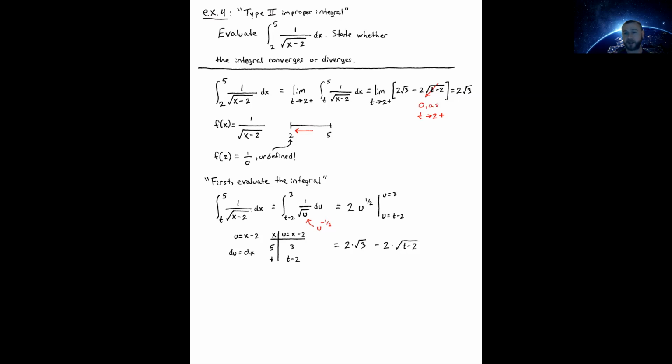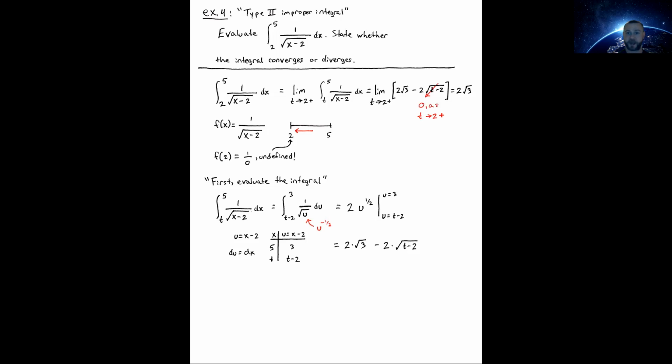Notice why we're taking a limit as t approaches 2 from the right side. The t values here are bigger than 2. Had we allowed for approaching 2 from the left side, the values of t would be less than 2, and we would end up with a negative inside that square root. When you have negatives inside square roots, that gives you imaginary and complex numbers, which we're trying to avoid.